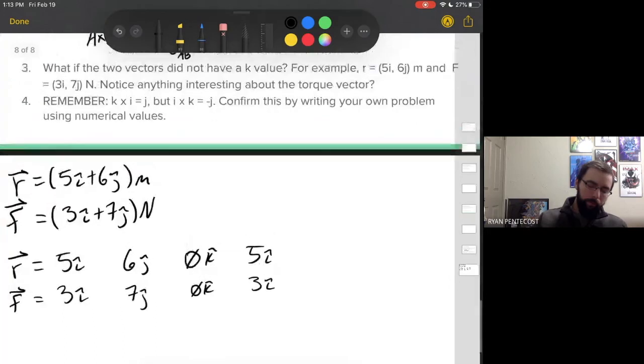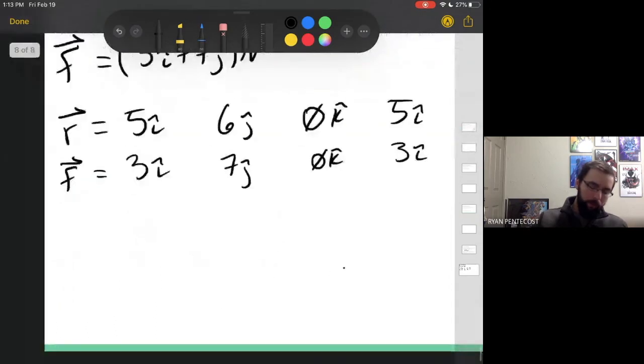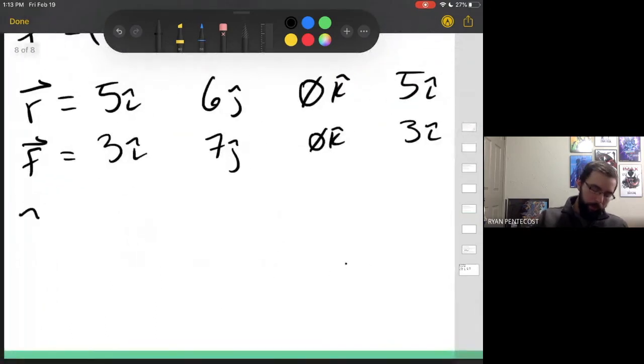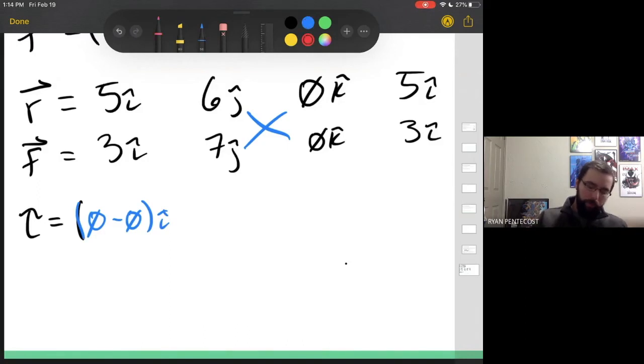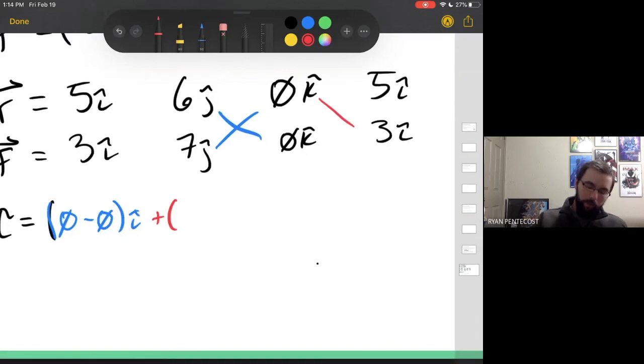Now, let's go ahead and do the vector on this. Our torque would equal, our I component. I is J cross K. So you have 6 times 0 is 0. Then you have 7 times 0 is 0. That's our I component. Now for the J component. J is K cross I, so you have 0 times 3 is 0.